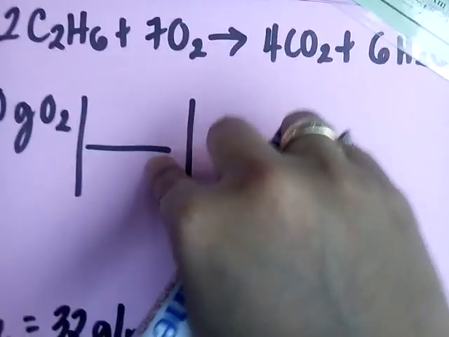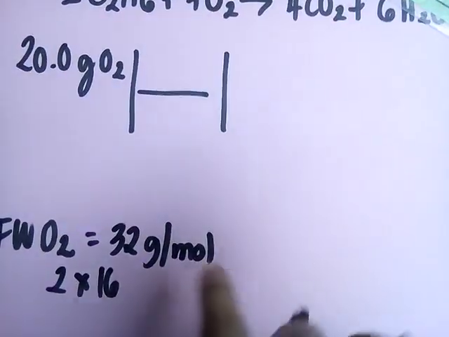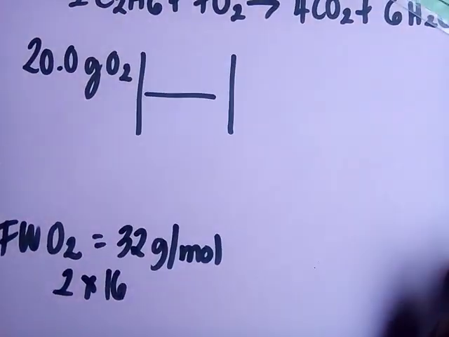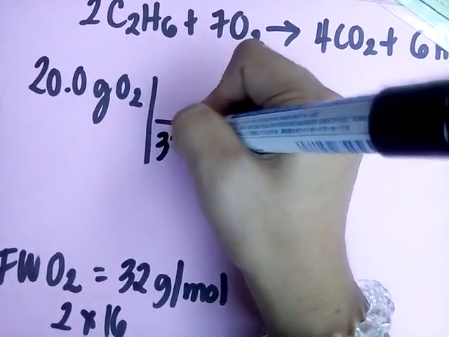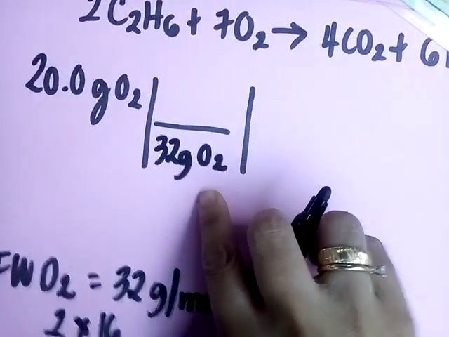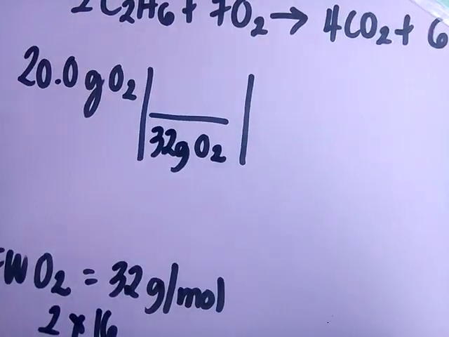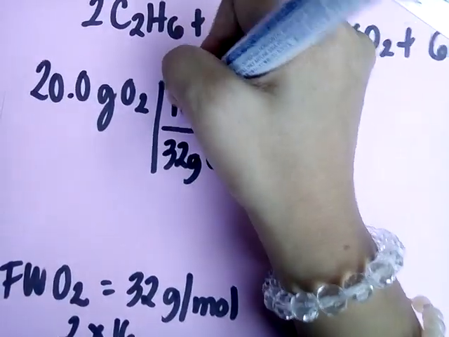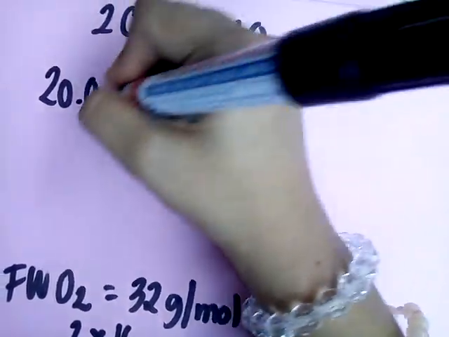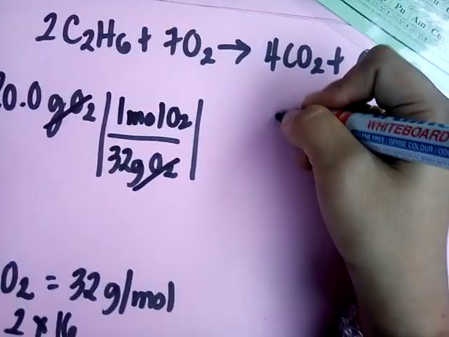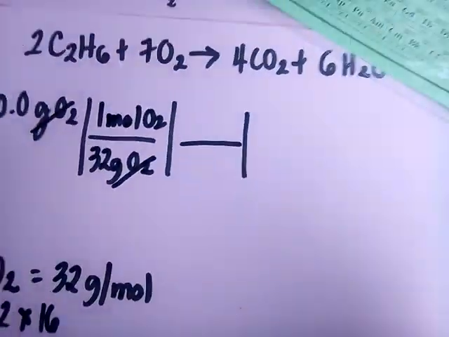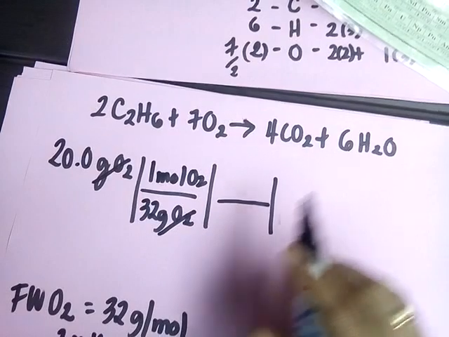Now let's put it in your conversion factor. To cancel grams, you have to put 32 grams O2 in the denominator and 1 mole O2 in the numerator. So you can cancel gram. Now since your unit is already in mole O2, you can now use the mole ratio.